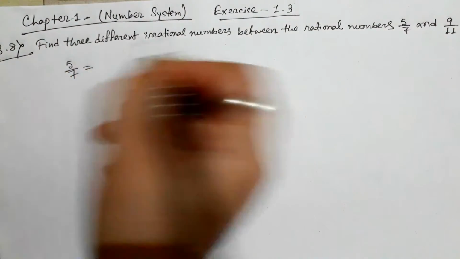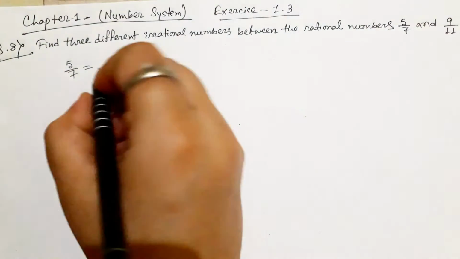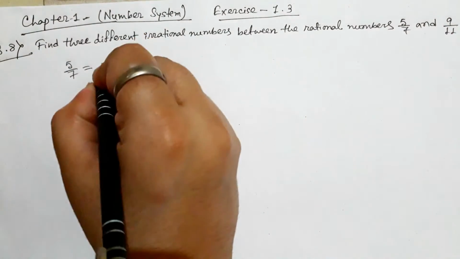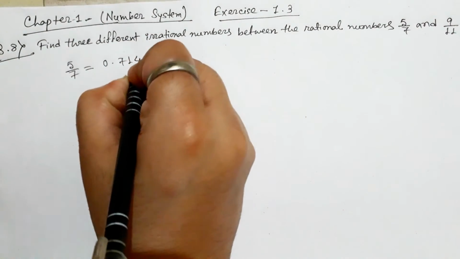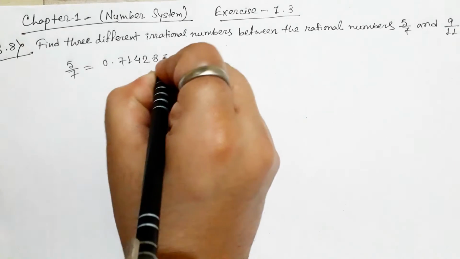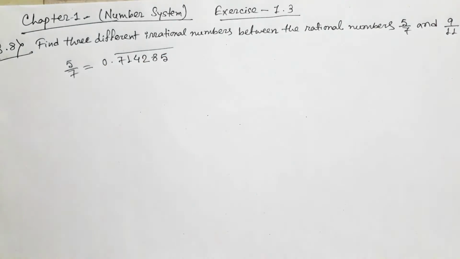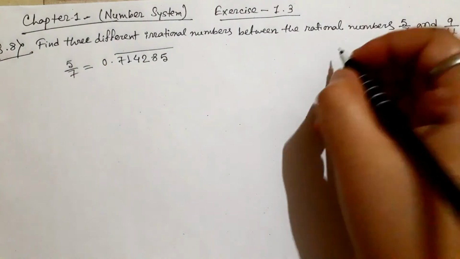So 5 by 7 equals, we have to find it. How do we solve this?